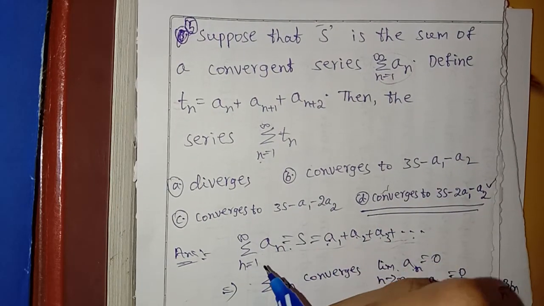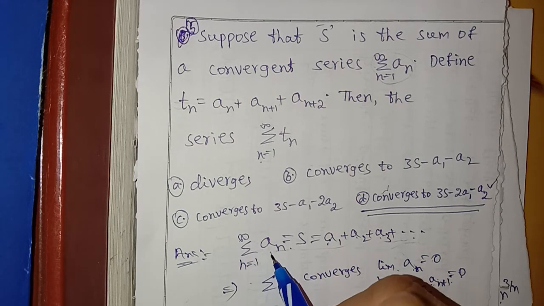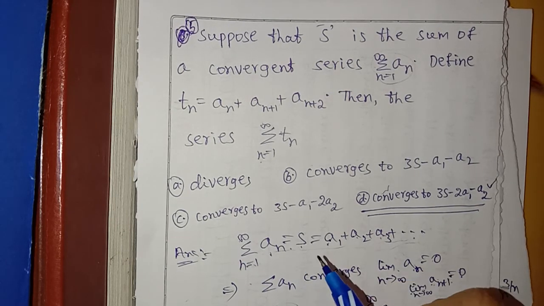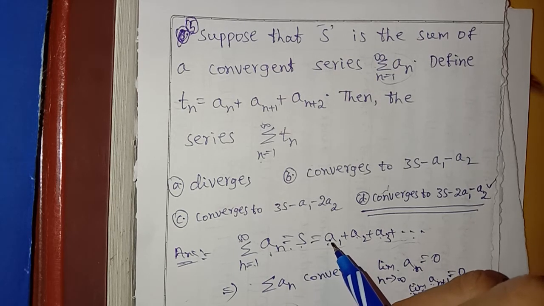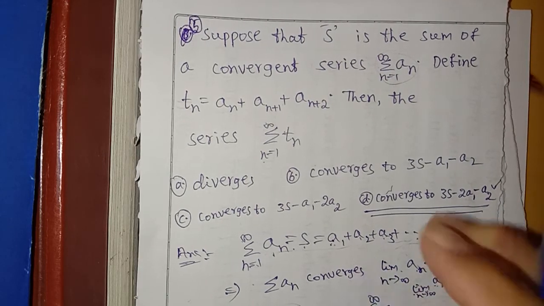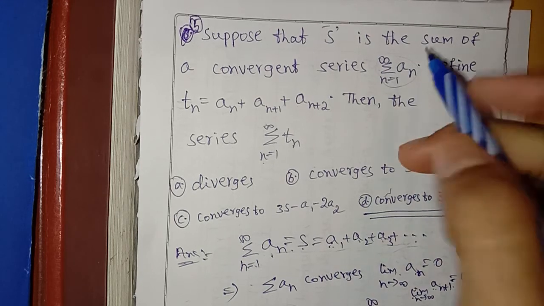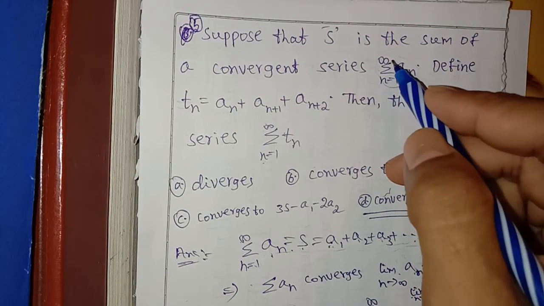Now, n is equal to 1 to infinity an is equal to S. That is equal to a1 plus a2 plus a3 up to an. This is equal to S. They give that this is convergent series.